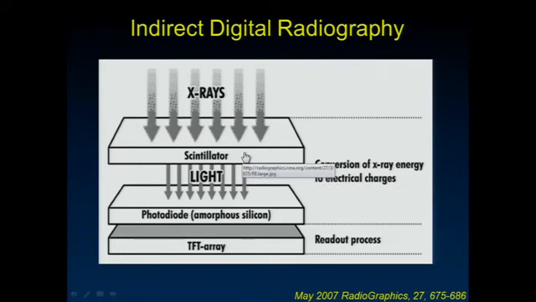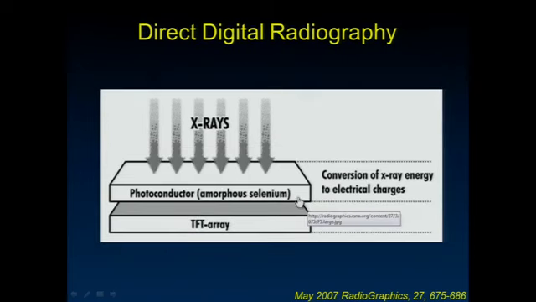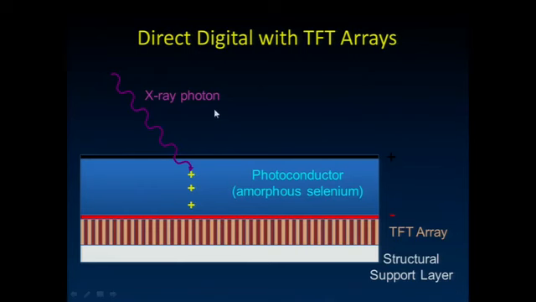So here's that indirect using a scintillator. We've got that photodiode, and then we've got our array reading that out. And here's direct digital, where the X-rays strike this photoconductor, and then we've got that array just below that. What's really nice about this is the X-ray comes in, and instead of producing a lower energy electromagnetic light phenomenon, it releases charge in this material. It releases electrons.